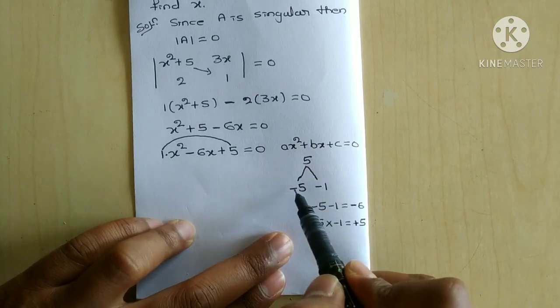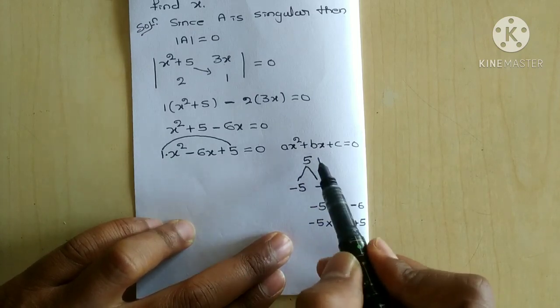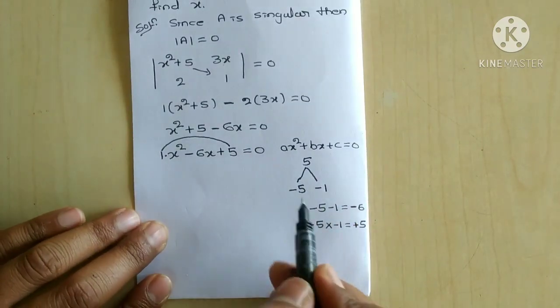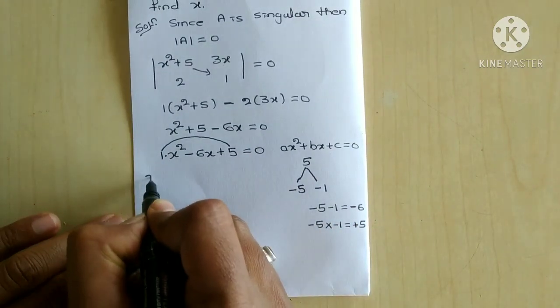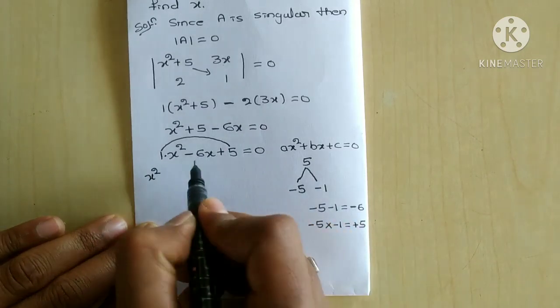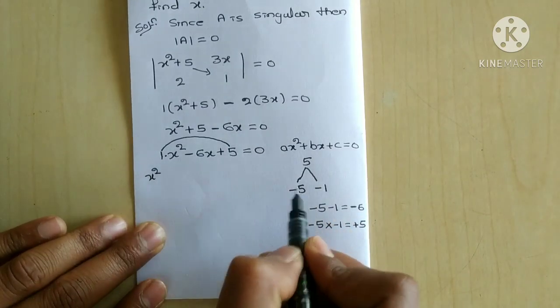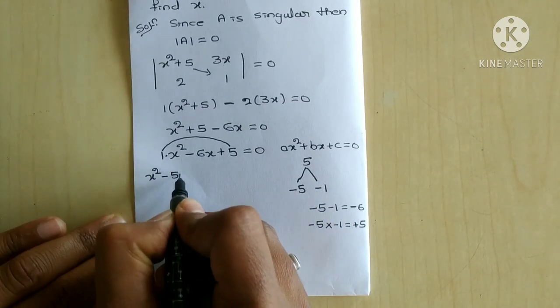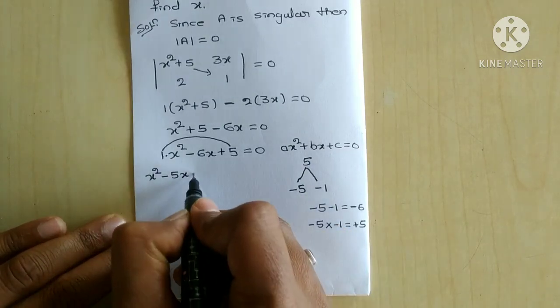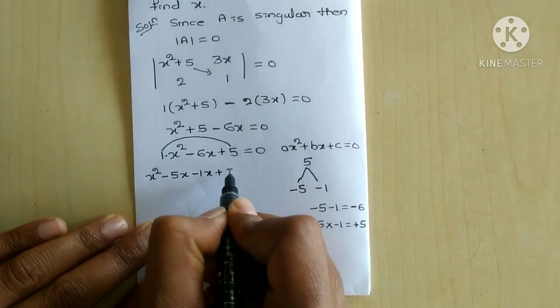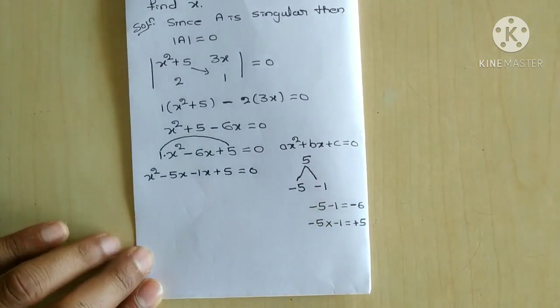If you multiply these two, you should get the constant value. Therefore, now you replace. First x square I am going to keep as it is. Instead of writing minus 6x, I am going to write minus 5x minus 1x plus 5 is equal to 0.